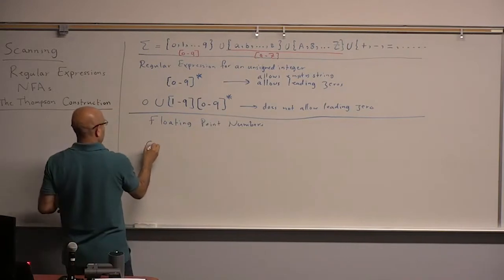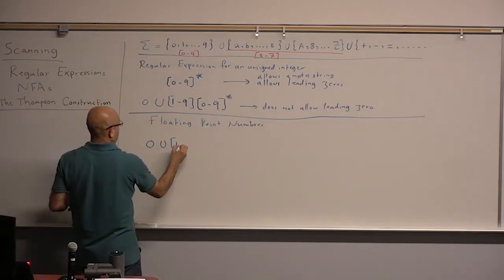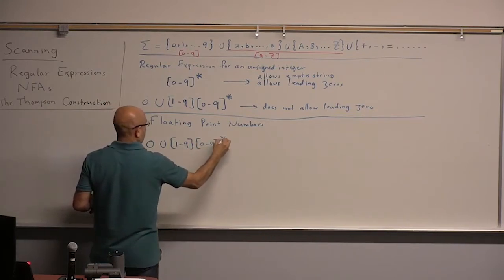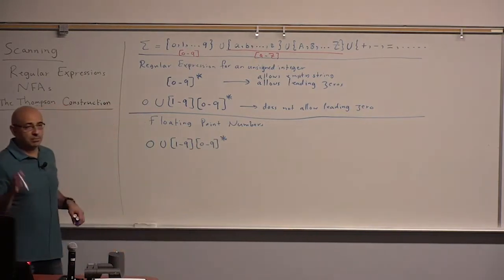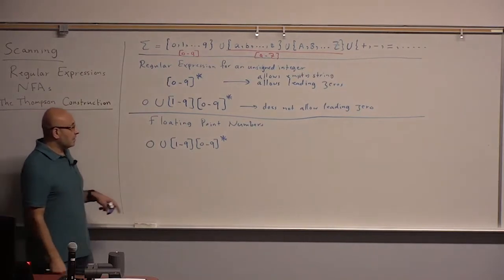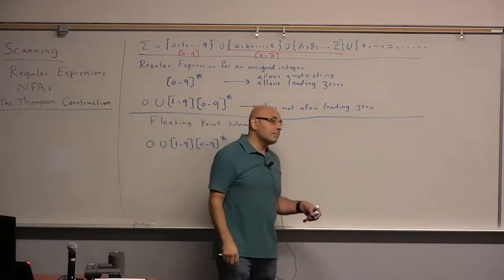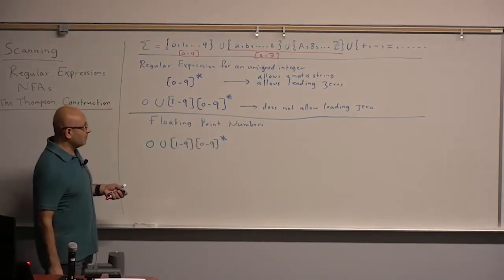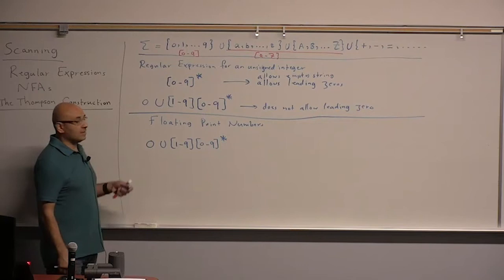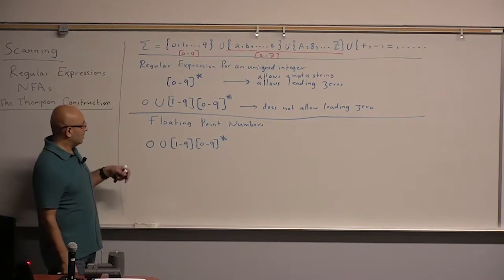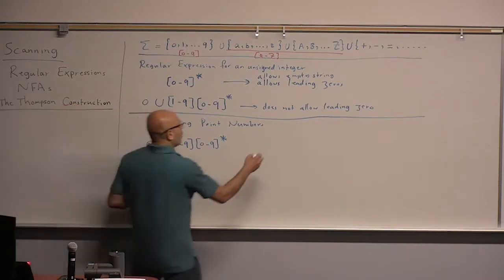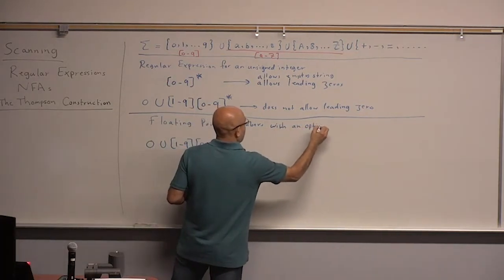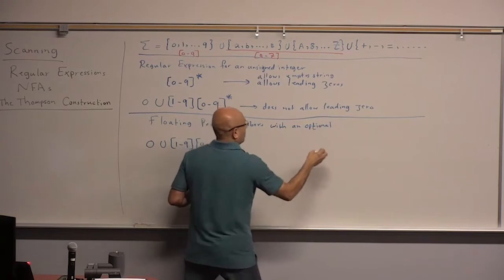So this is 0 or 1-9 followed by 0-9 star. This gives us an integer because a floating point number can be an integer, but it can also have what? A decimal point. So let's say that the decimal point is optional here. Floating point numbers with an optional decimal point.